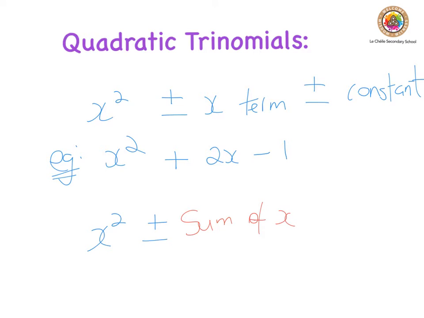And here it could be plus or minus the product, because as we saw before, it was always the product, multiplying the factors of this product, that gave us the sum. So in the last example, we had 6, and the factors of 6 were 2 and 3, and they were what gave us the end result here. Okay, so now we're going to take that and look at our box method.